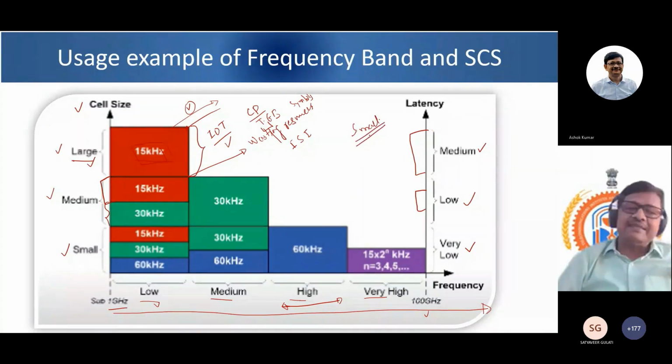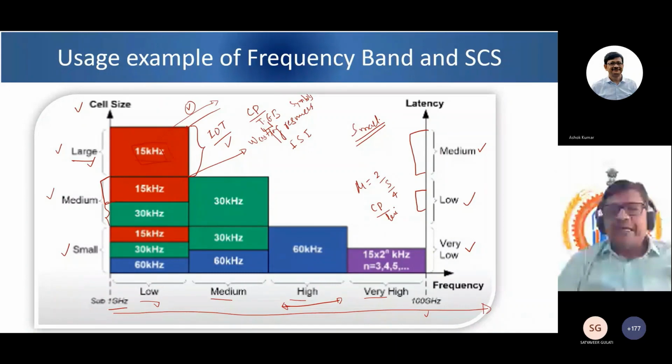So in that case, I use numerology 2 or 3 or 4, depending upon what band I am using. When I use numerology 2, 3, 4, the symbol size is less, and I cover less area, so my latency is better. So I can provide low latency.